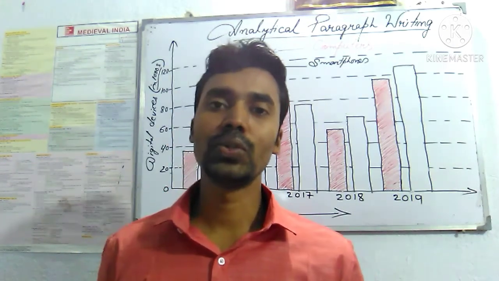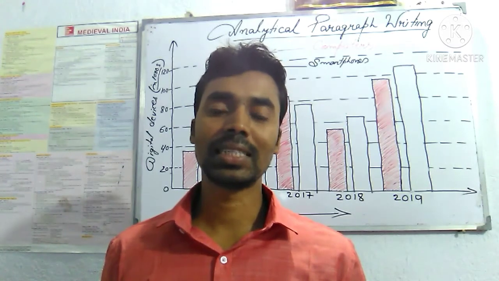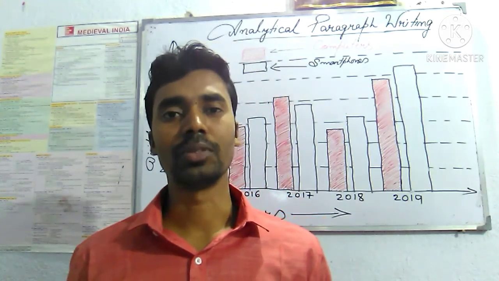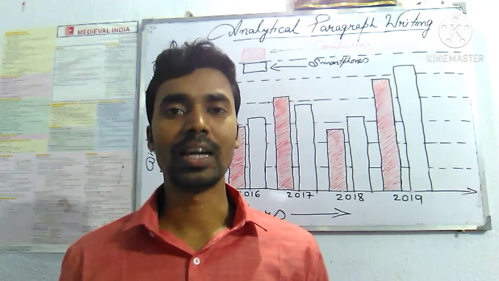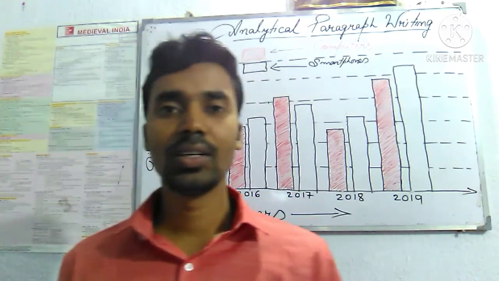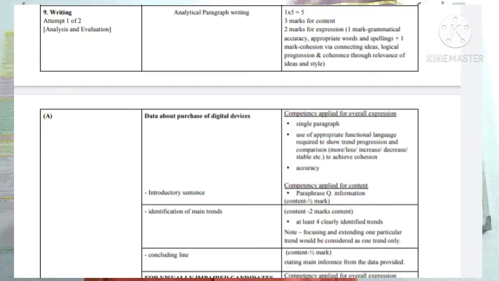Then for further clues, we go to the marking scheme that was published along with the CBSE sample question paper 2021. We can derive many clues from there, right? So here is our marking scheme, which tells us that it carries 5 marks, of course, 3 marks for content and 2 marks for your expression.